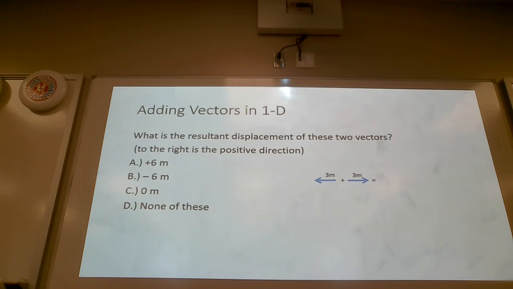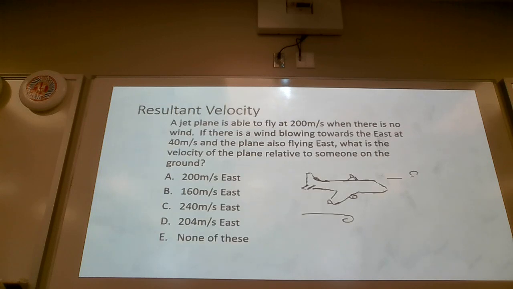Correct answer is C. One thing I want you to note, do you see how vectors are different than just straight up numbers? Like if we did 3 plus 3, it'd be 6, but this is 3 to the right plus 3 to the left is 0. Okay.